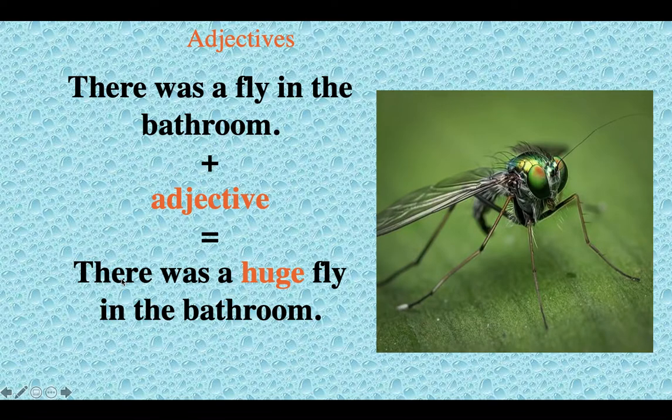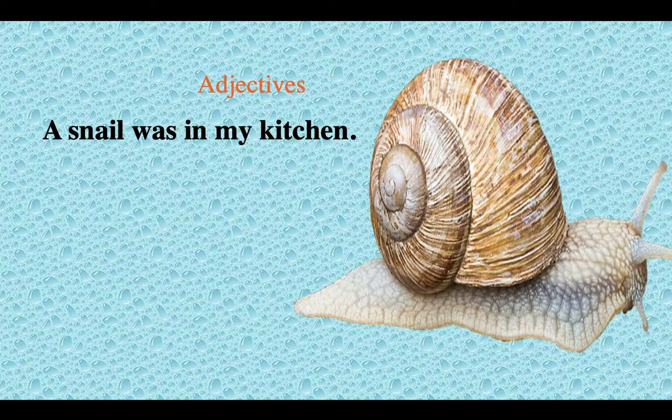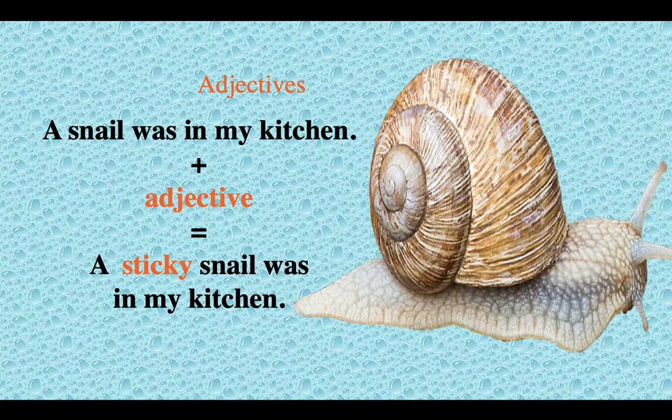Let's have a look at another example. A snail was in my kitchen. Now, if you have to add an adjective to this sentence, what will be your adjective? Well done. But I will add: a sticky snail was in my kitchen.